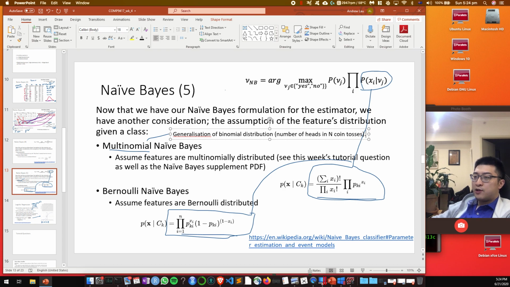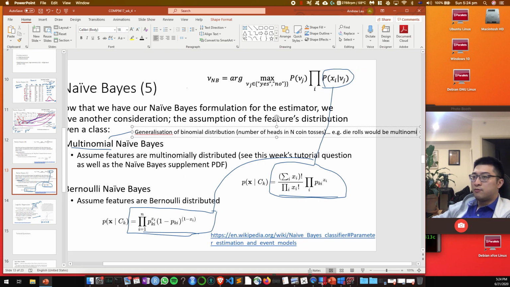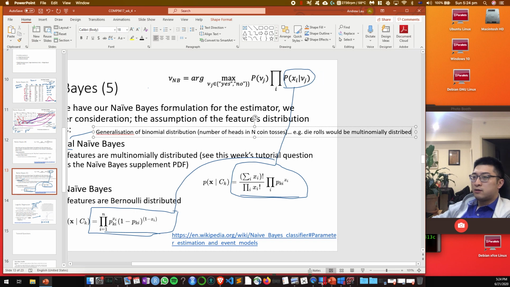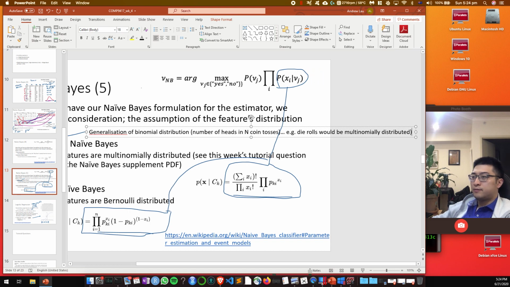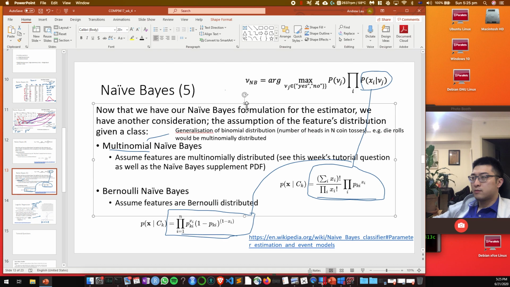You can even apply it to die rolls, which would be multinomially distributed.